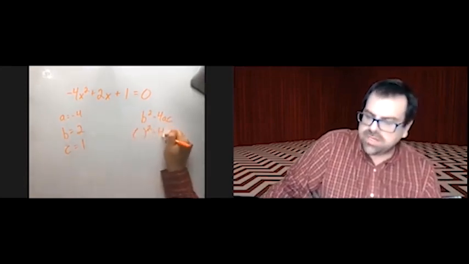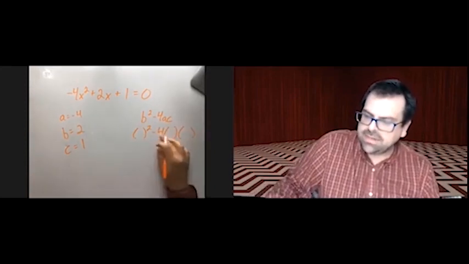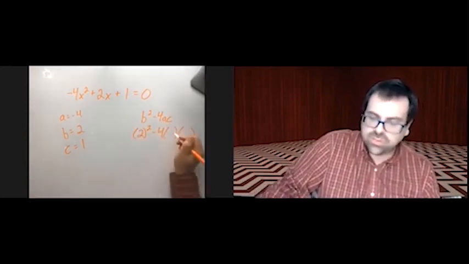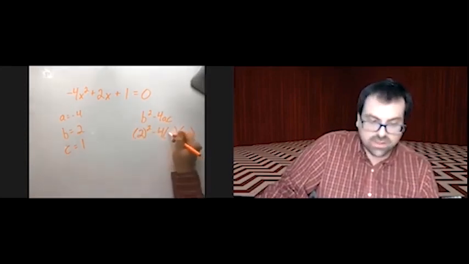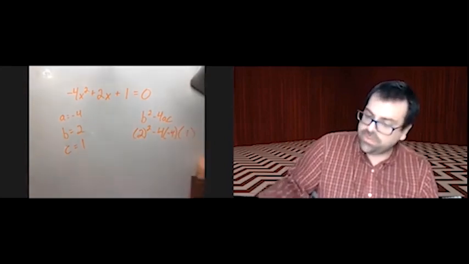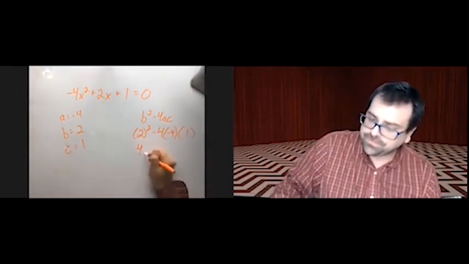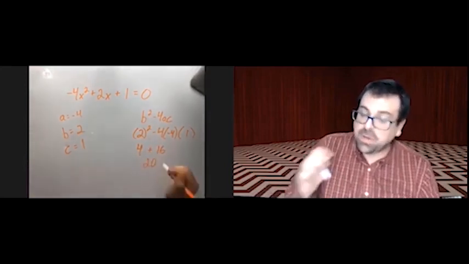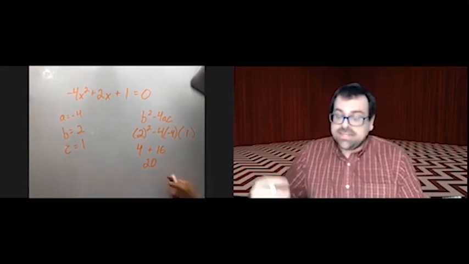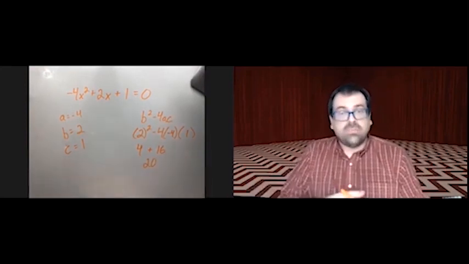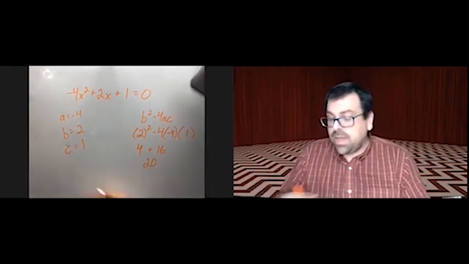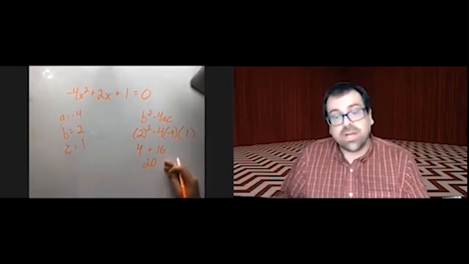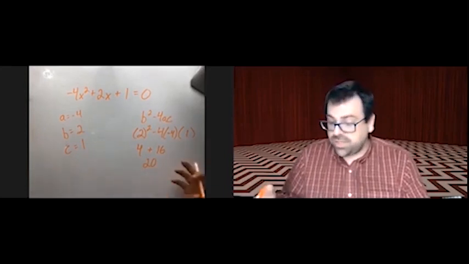B squared minus 4ac would be 2 squared minus 4 times negative 4 times positive 1. This would be 4 plus 16, which is positive 20. Since it's not negative, it's not going to be complex solutions. And since it's not a perfect square, we're not going to be able to get rational answers.